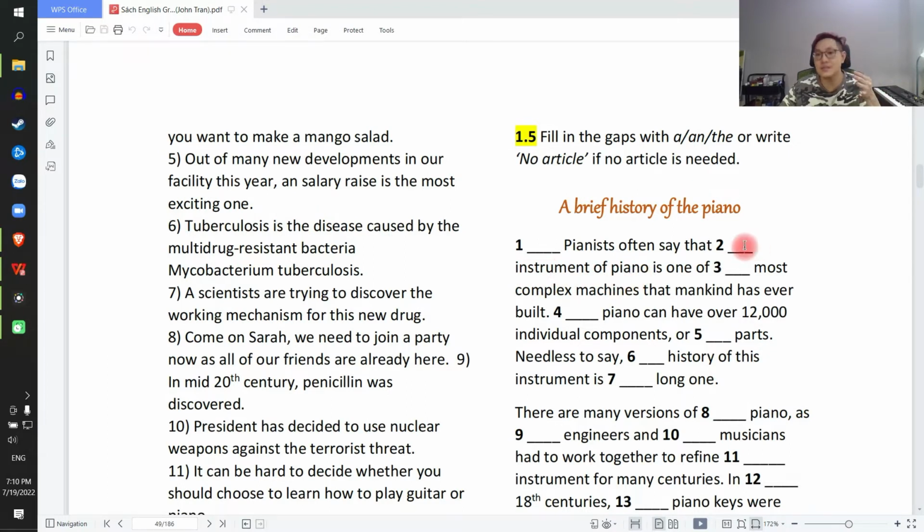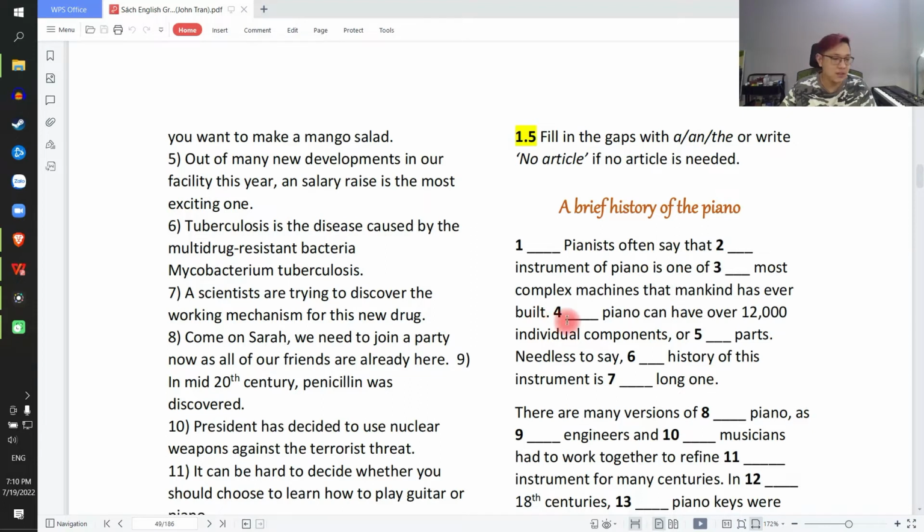So we use the here. One of the most complex machines, because of course it's a superlative adjective, so the most. It must be one of the most complex machines that mankind has ever built.